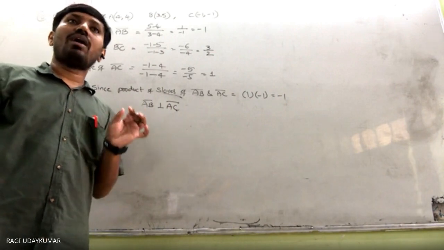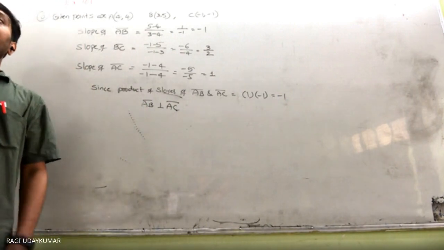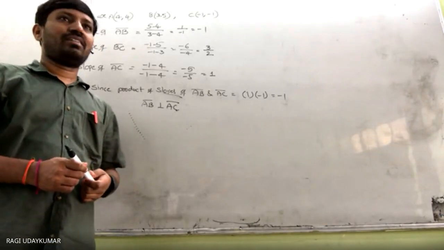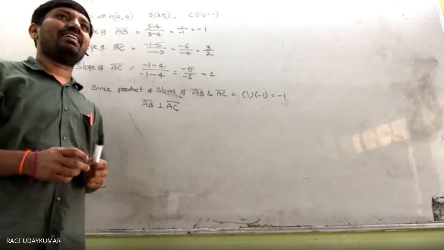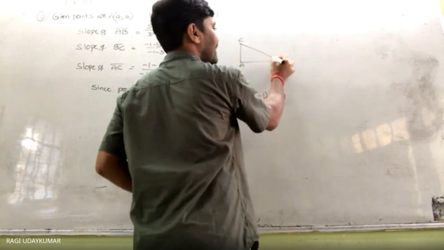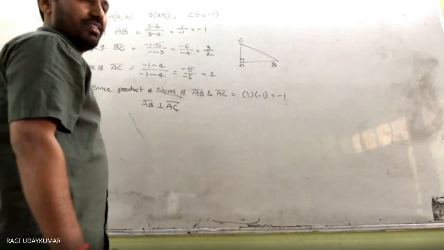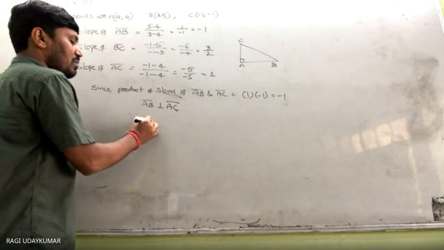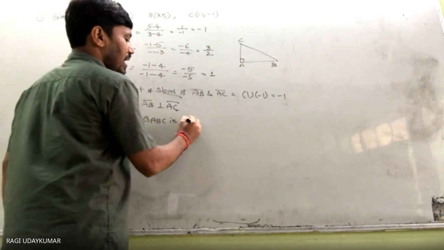At what point is the right angle forming? It is in both AB and AC. AB is perpendicular to AC, so the angle at A will be 90 degrees. Isn't it? Therefore, since two lines are perpendicular, you can say that triangle ABC is a right triangle.